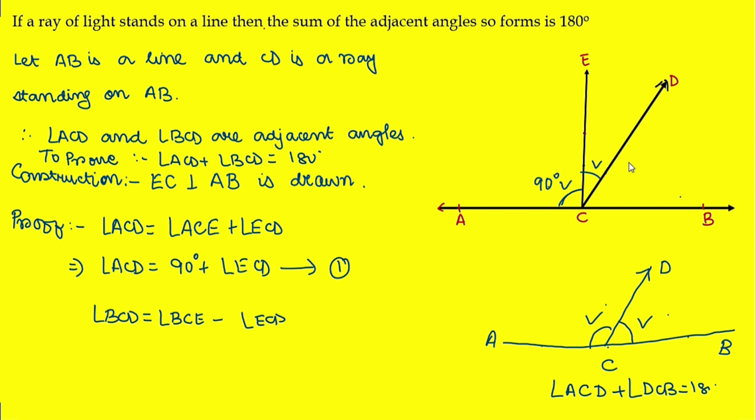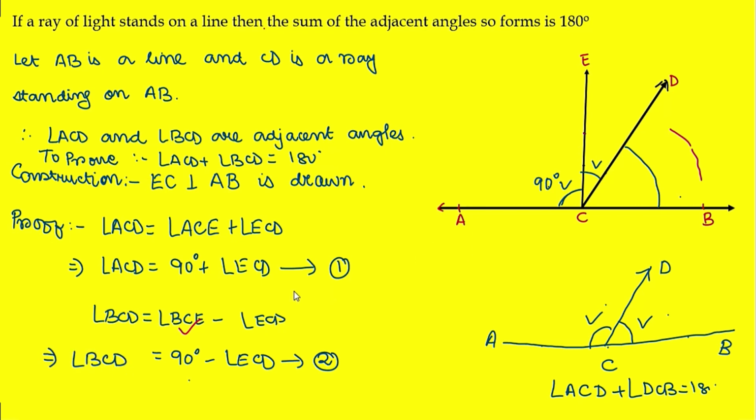This angle BCD is just a part of the complete angle BCE minus angle ECD. So you will write that angle BCE is 90 degrees minus angle ECD. So this is angle BCD.